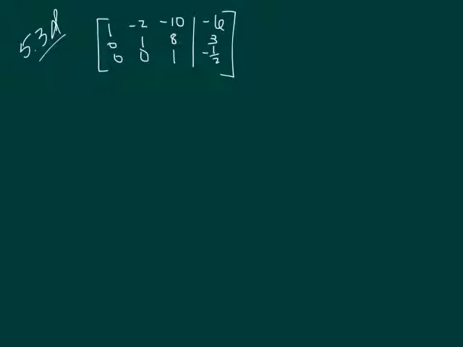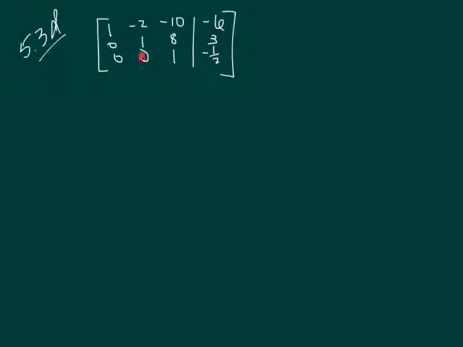So this is where we left off. We were able to find the answer here, and we're just going to keep going. So what we're going to do here is let's change this negative 10. I'm just going to follow along with what the book does. It doesn't really matter how you do it. We could change this negative 2 to a 0, but the book for some reason changes the negative 10 to a 0.